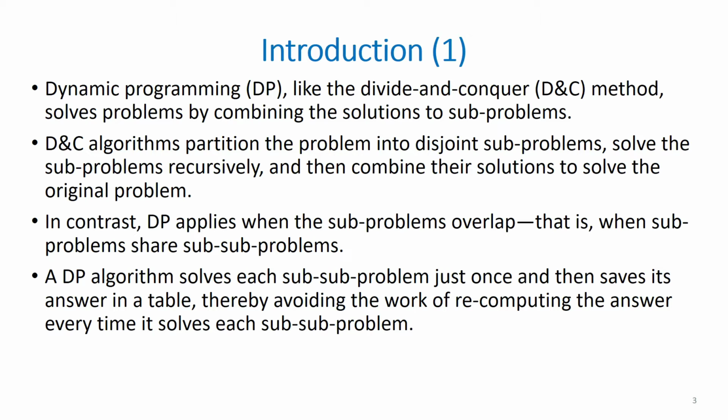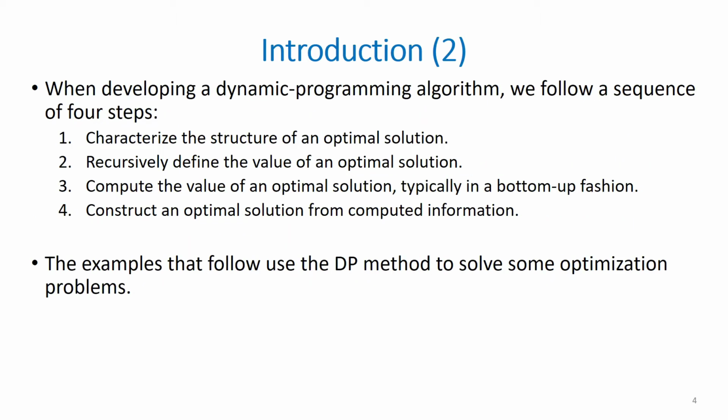In such a scenario, divide and conquer would repeatedly solve the common sub-subproblem, therefore doing more computational work. DP, on the other hand, solves each sub-subproblem only once and stores the solution in a table to avoid the effort of recomputing it when the same sub-subproblem appears later on.